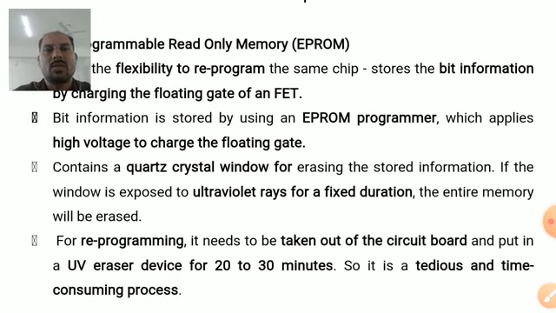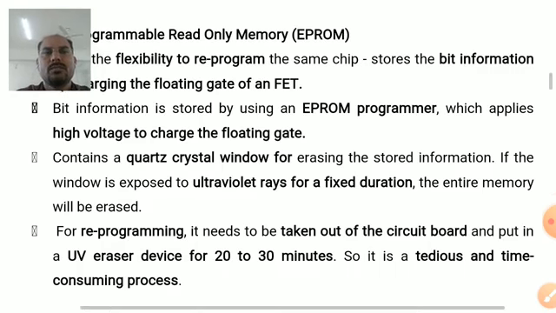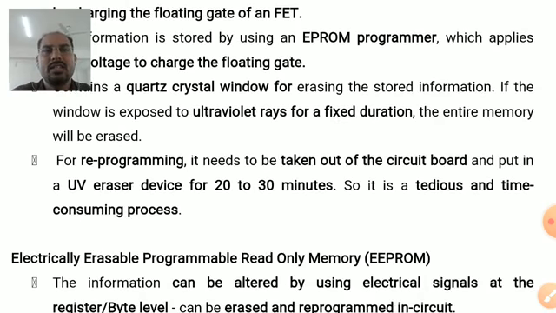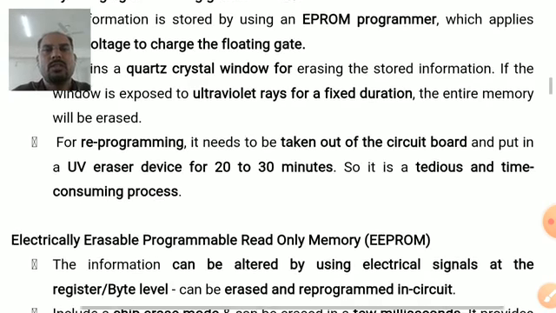These contain a quartz crystal window for erasing the stored information. If the window is exposed to ultraviolet rays for about 20 to 30 seconds, all the information will be erased. For reprogramming, we have to take the memory IC from the board, then erase it. So erasing of this is a tedious and time consuming process.